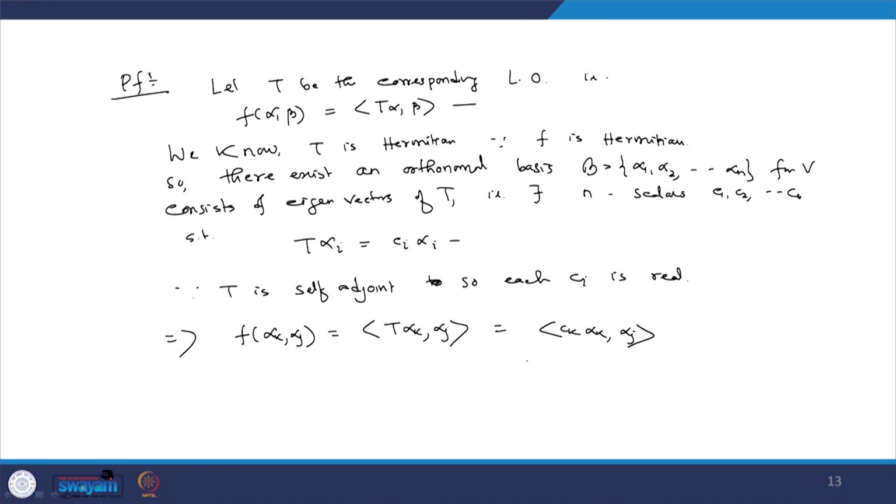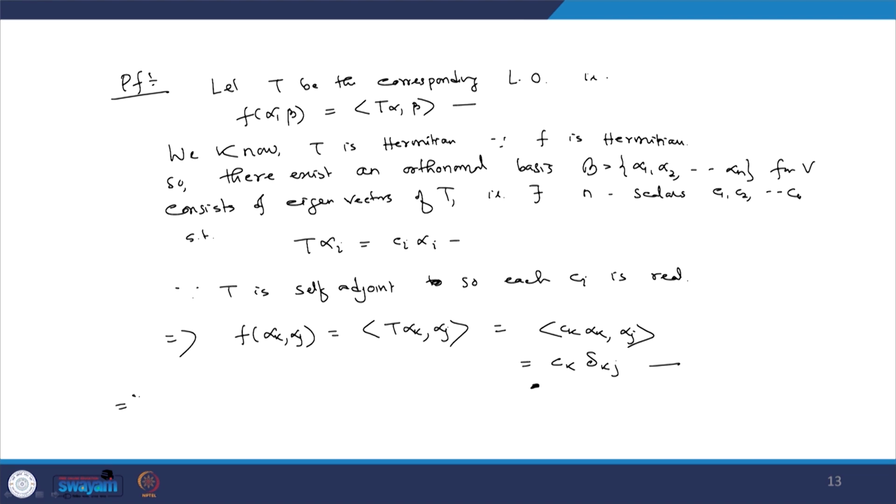So, this is equal to ck delta kj, since alpha 1, alpha 2, ..., alpha n is an orthonormal basis. Here delta kj is the Kronecker delta, which is equal to 1 if k equals j.